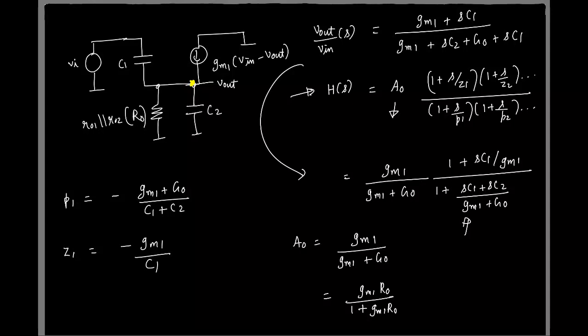Okay, so let's see why these pole locations and zero location make sense. Hopefully you guys might be aware that poles are basically a characteristic of a particular system or a circuit, and it does not depend on where you apply the input or where you take the output. It is sort of the natural behavior of the system. So it's basically independent of where you apply the input and where you take the output from, right?